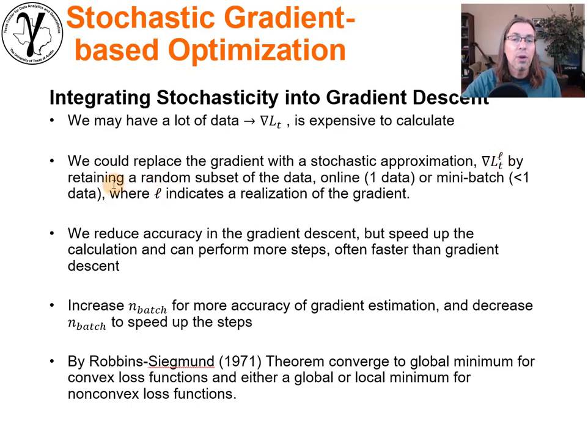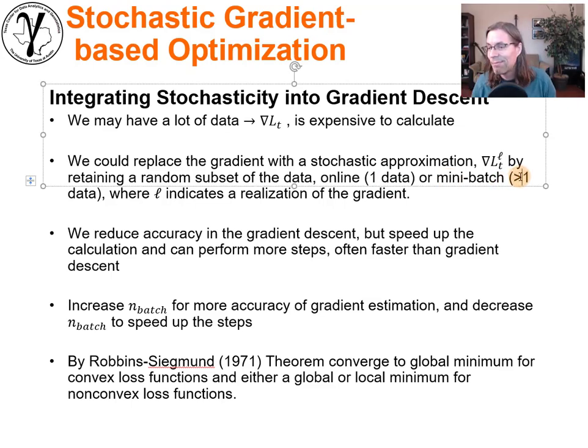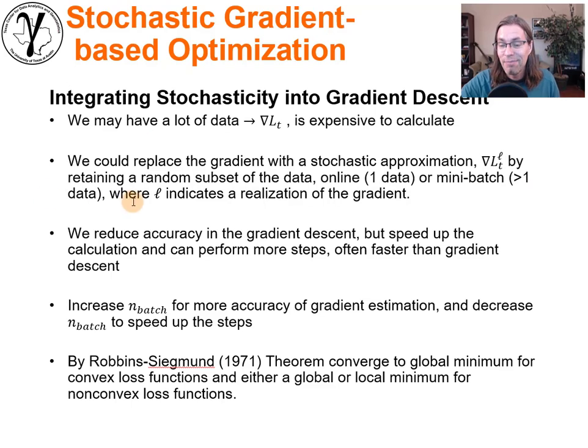What we'll do is we'll just retain a random subset of the data. So there's methods to do this. The online method is just one data at a time. Mini batch, you would use greater than one data. And that will give you a realization. Now, I hope you can see that that'll give you reduced accuracy of the gradient.